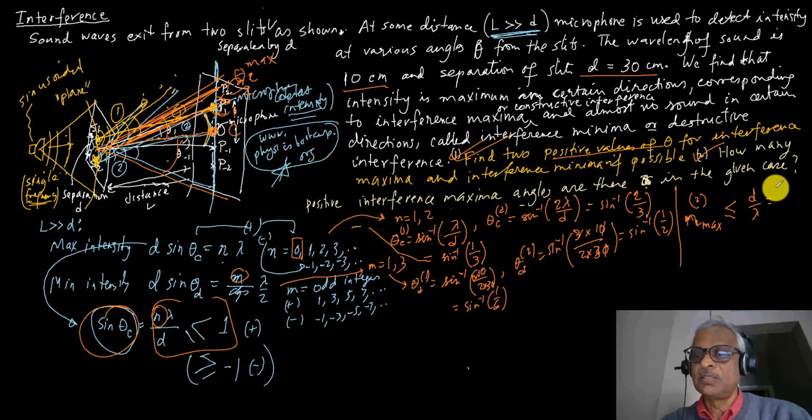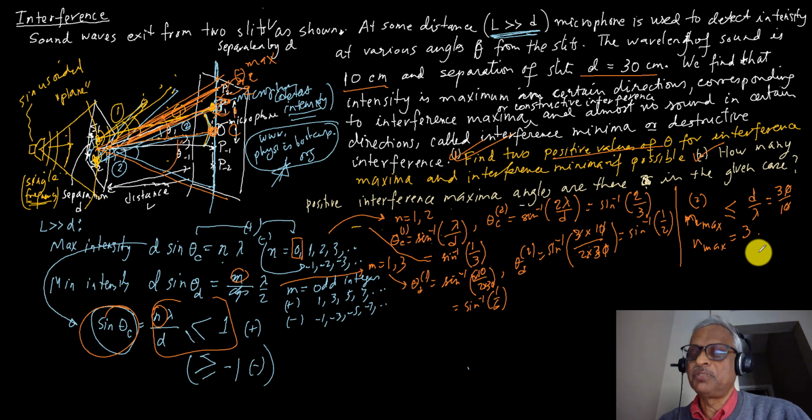So that's 30 over 10. So n max can be 3 only, and it has to be an integer. If it's not an integer, I'll just truncate it.